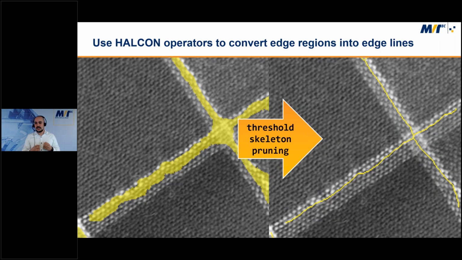So it helps you to detect where your edges are. If you want to have a real subpixel precise measurement of these edges, you can use this as a pre-processing step and then use, for example, measure_pos or some algorithms like this to identify the subpixel accurate position of this edge. Of course, we are working on getting this feature in kind of a subpixel accuracy. This is one of our development topics on our roadmap.